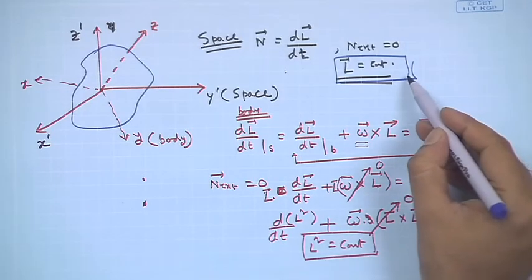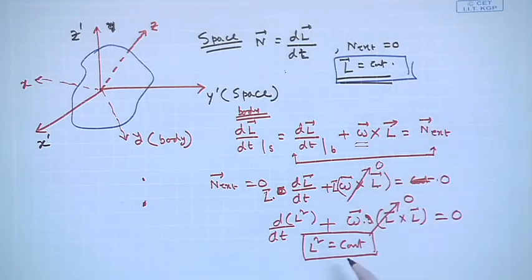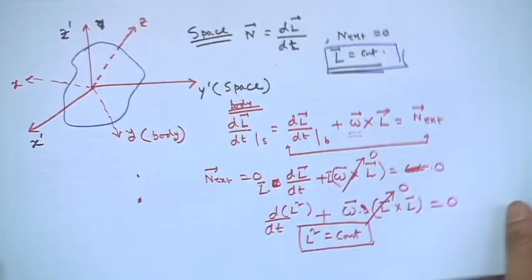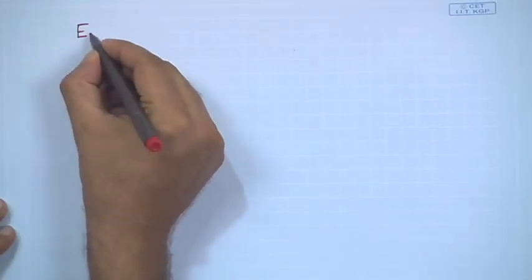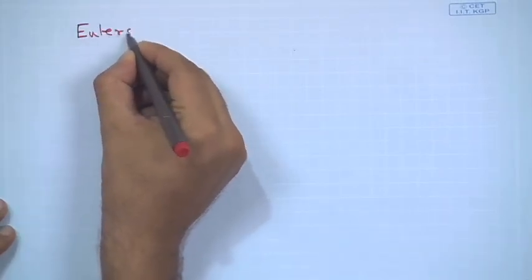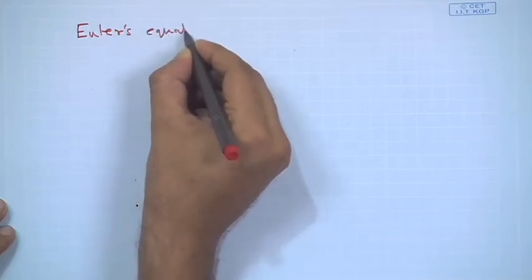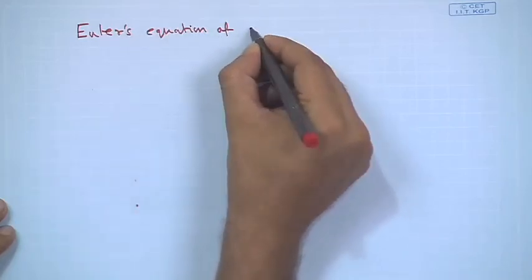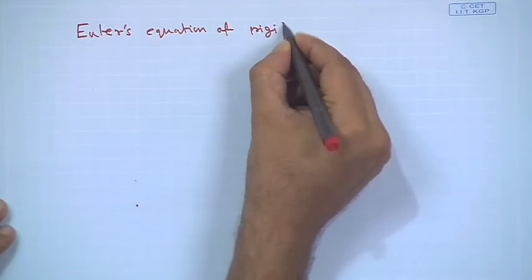So, in one case it is the vector that is conserved, in the other a scalar is conserved. Now, with this knowledge, we extend this equation slightly and write three sets of equations which are called the Euler's equations of rigid body.